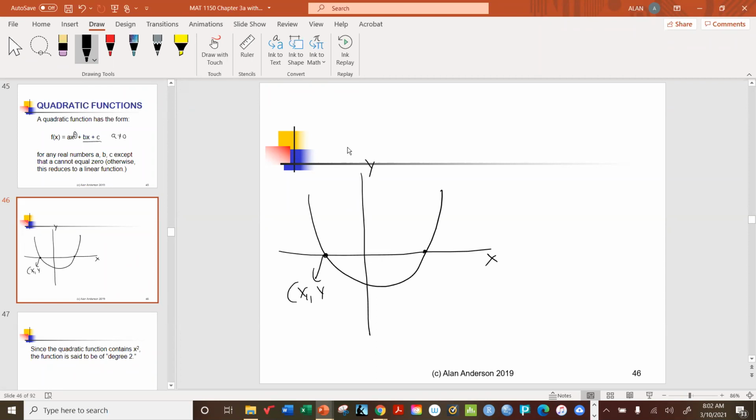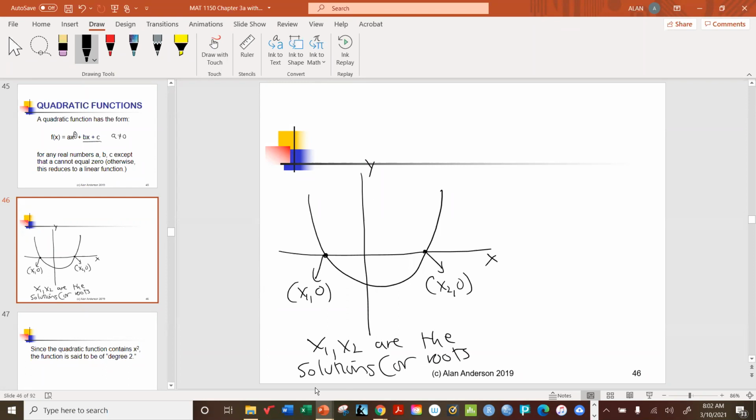Actually, these are x values where y is equal to 0, so let's write it this way. These are the 2 solutions. They have different names: they're called the solutions, sometimes the roots, or sometimes even zeros, because this is where y equals 0.